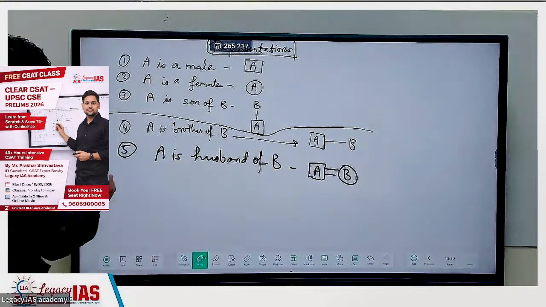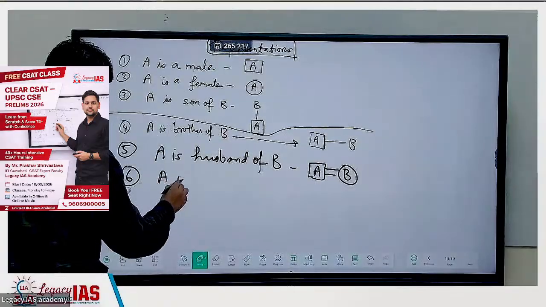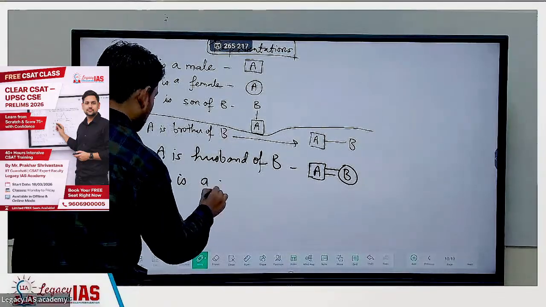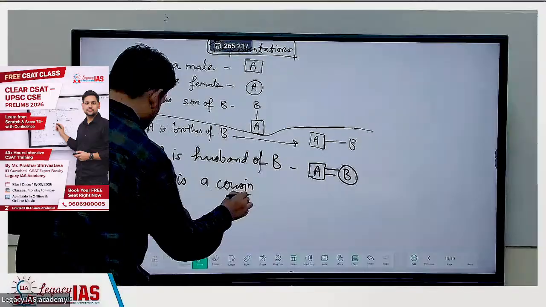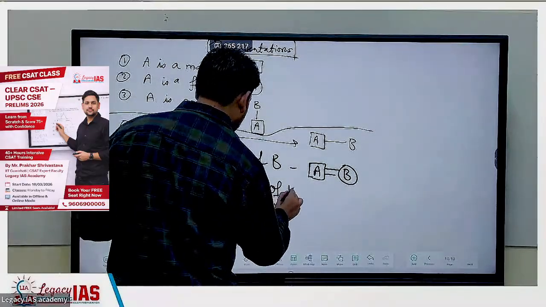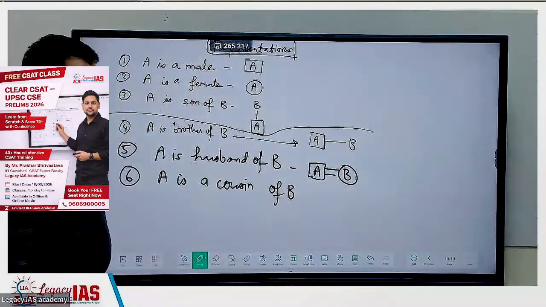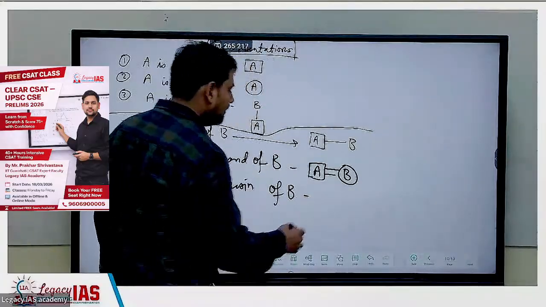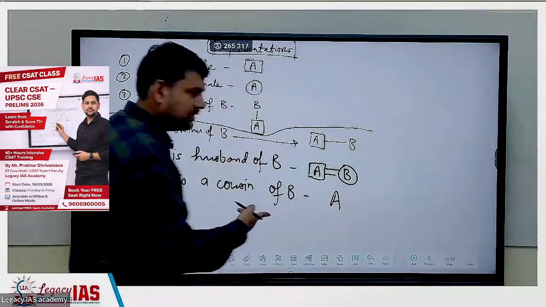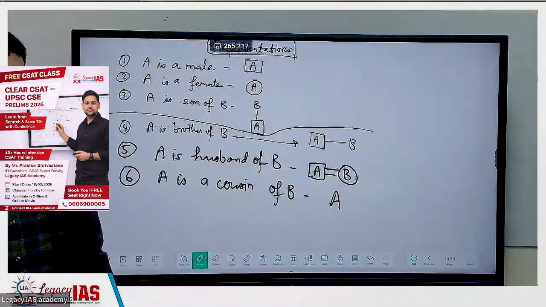Okay. Then A is a cousin of B. How will we show it? See, A is a cousin of B. The genders of both parties are not told.